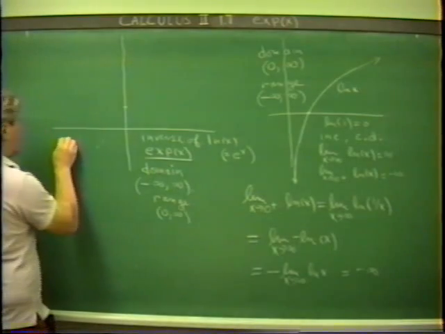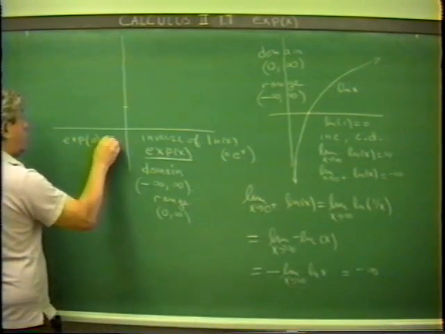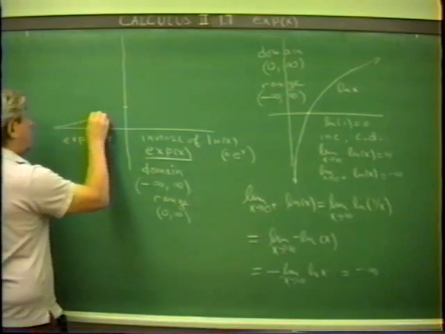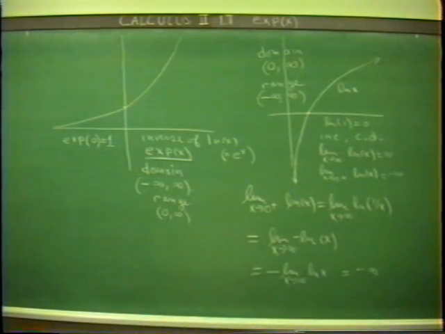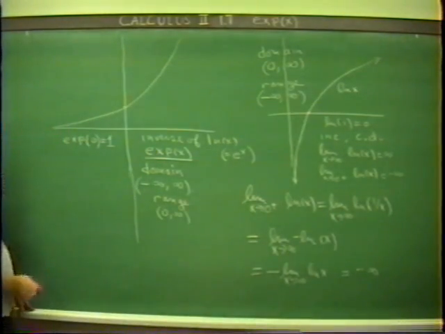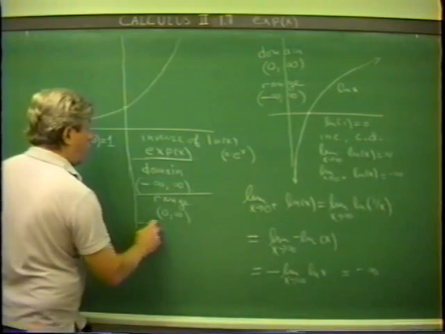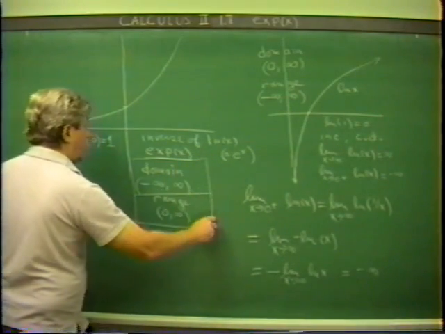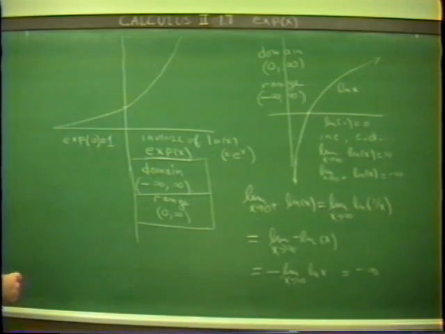And just taking the logarithm function here, we also have exp of 0 is equal to 1, and the function looks like this. Domain minus infinity to infinity, range 0 to infinity.